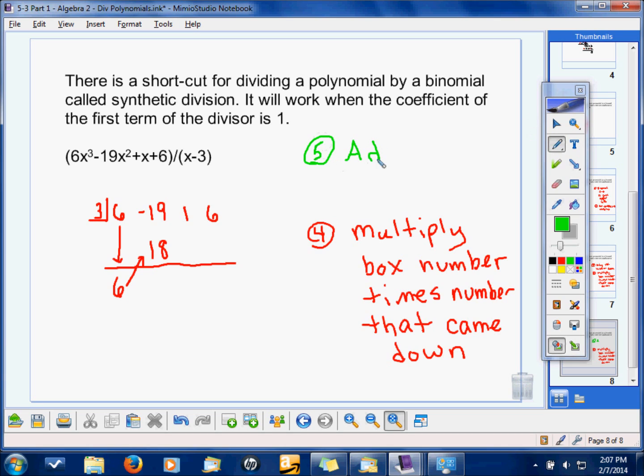Add the column. So we add this and we get how much? Negative 1. Okay. Negative 19 plus 18 gives you negative 1. Okay. Notice this number came down.